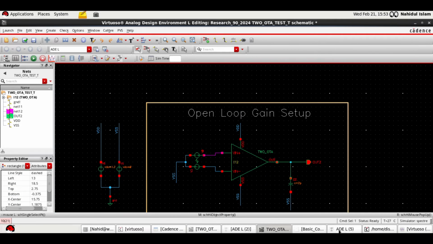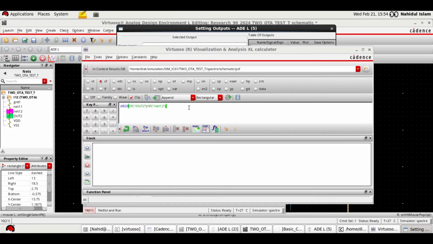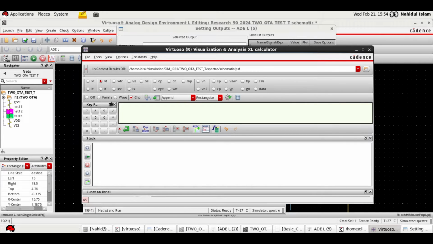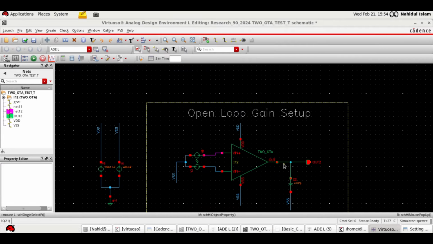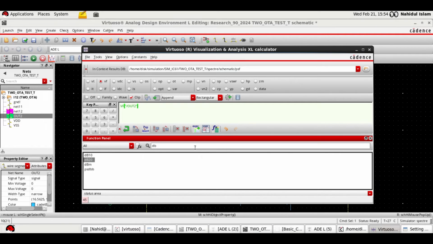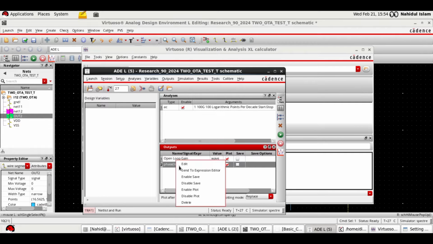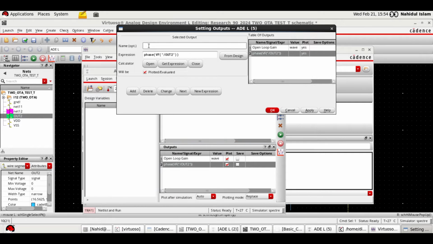Well, how can I set the phase parameter? Then open, set up the AC. Click here and function phase. Send to the buffer. Well, the phase.